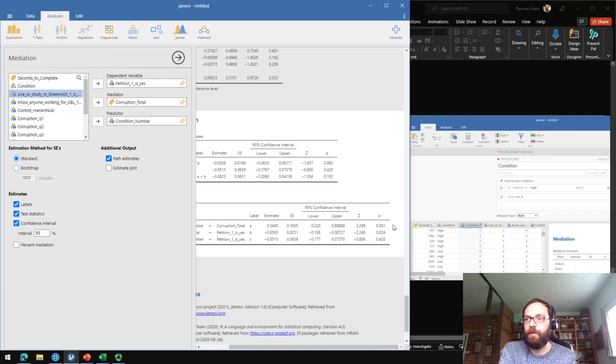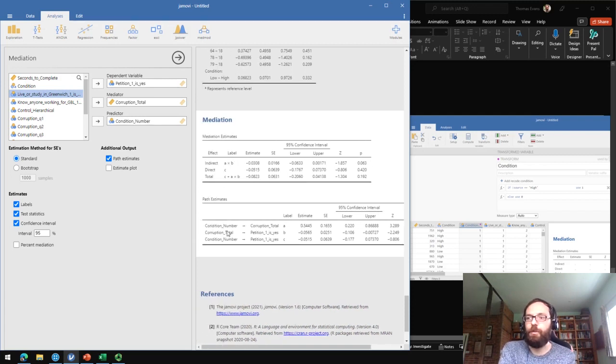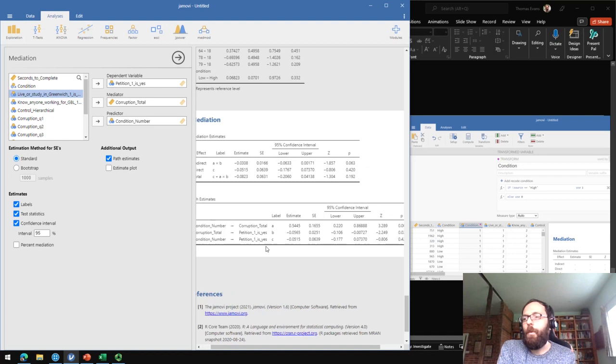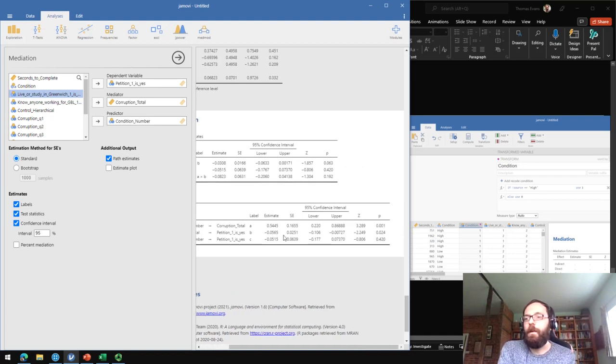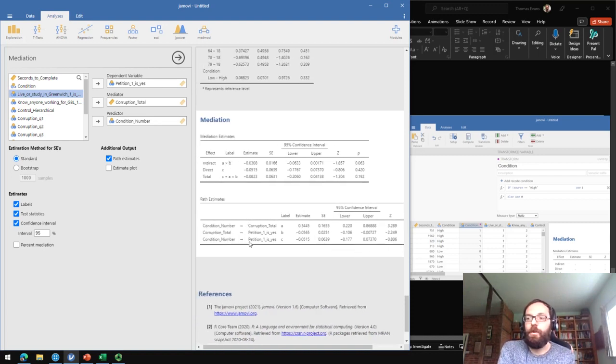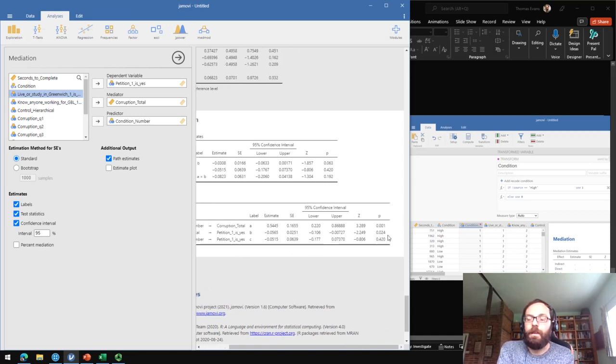Also below 0.05 is our next relationship, which is that our perceptions of corruption do tend to be able to predict to some extent whether people sign the petition or not. However, when we have a look at our other relationship, which is whether condition directly leads to the signing of the petition, we've found that that has not been statistically significant.